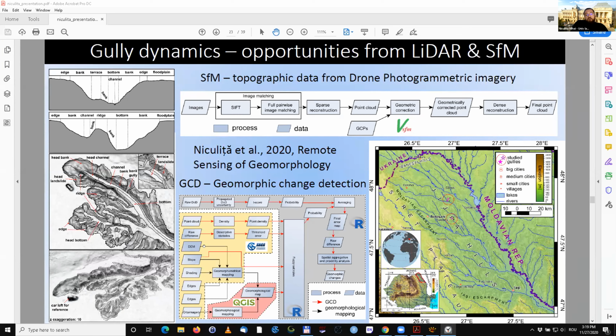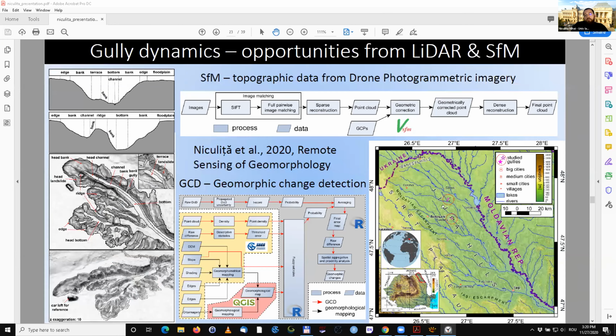Although in the area, we had to apply a geomorphological mapping approach beside the classical geomorphic change detection approach, which was discussed here and in other papers, because there are some differences between the LiDAR data, which was acquired also in February, but with some dry vegetation and with some snow cover, and the structure from motion data, which was acquired also in February, but without snow, and luckily with very small height of the vegetation.